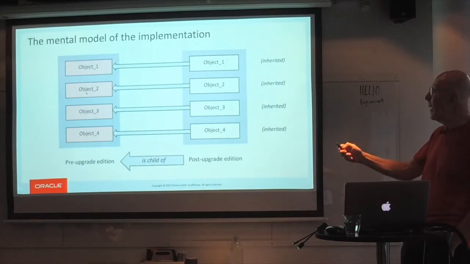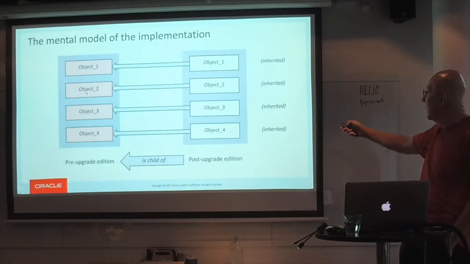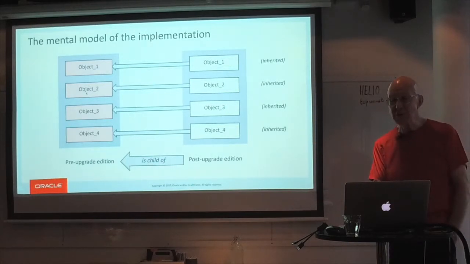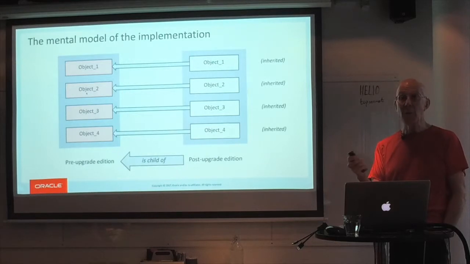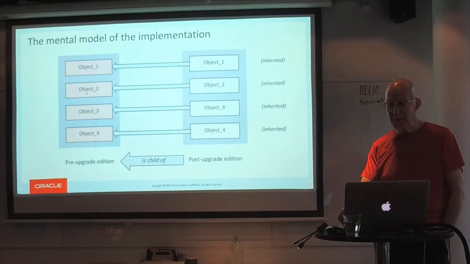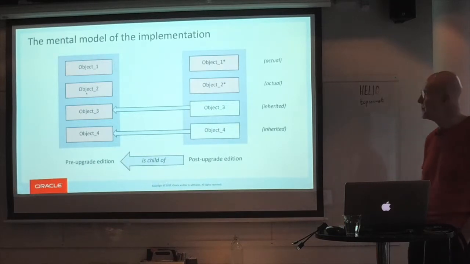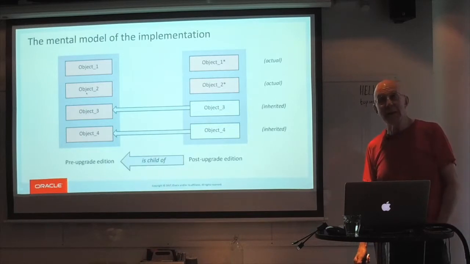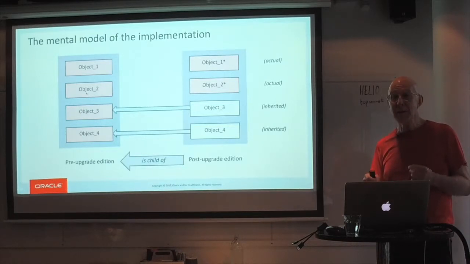Okay then, and we use the vocabulary that's suggested by the picture. Those white objects are all inherited, while the red ones are actual in their edition. And then, of course, we do create or replace object 1 as blah, blah, blah, and we change it to be what we now want it to be. And we do the same on object 2. And now they have those stars upon them, meaning that they are both identified by the same owner and name.